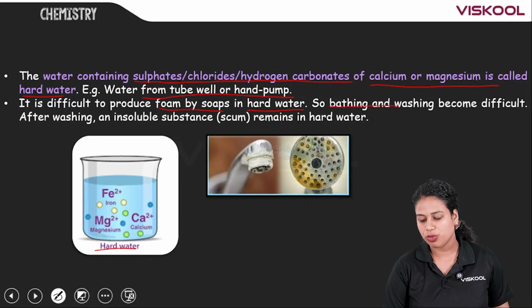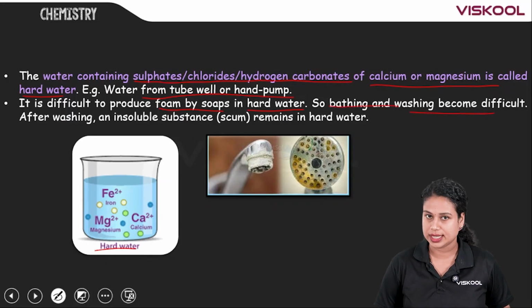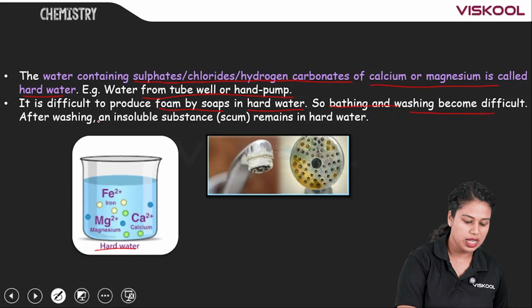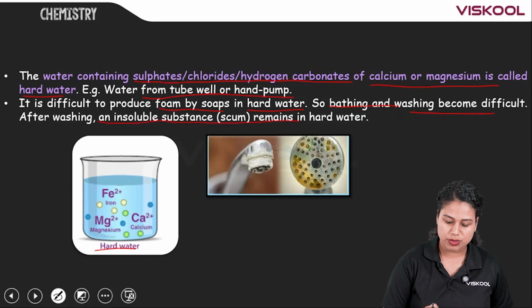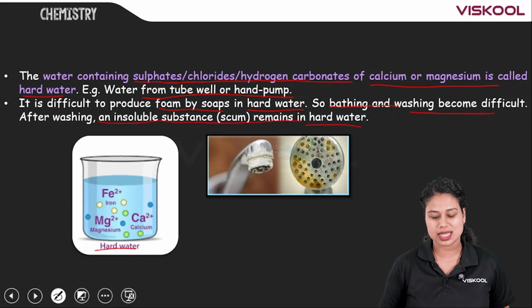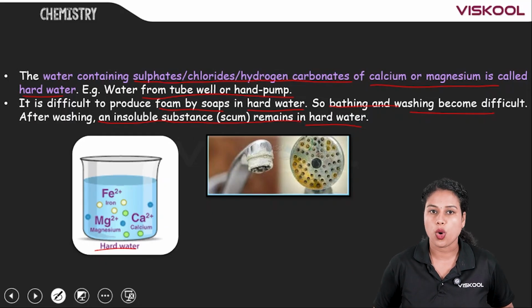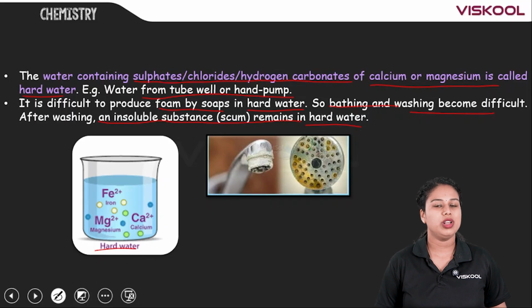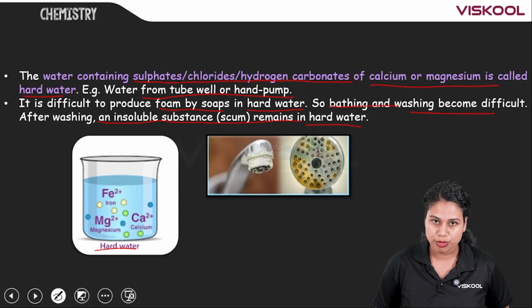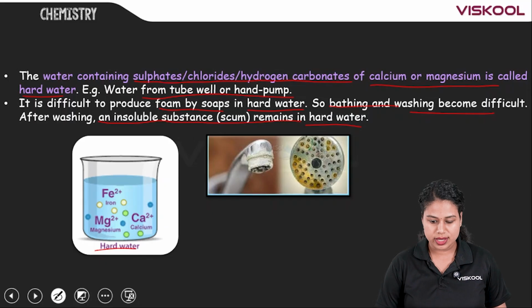So bathing and washing become difficult. After washing, an insoluble substance, scum, remains in hard water. If we are using soap in hard water, there will not be enough lather formation, and bathing and washing become difficult.